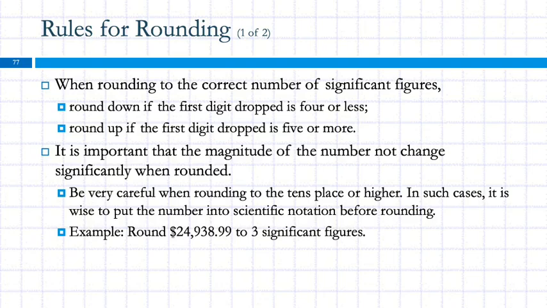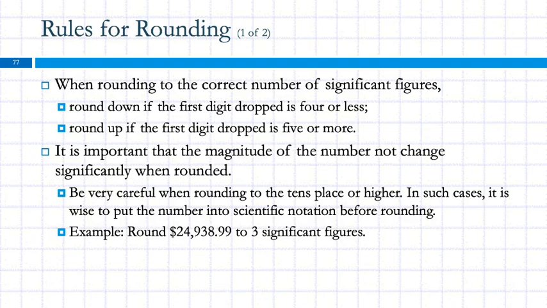And this tends to happen when you're rounding large numbers and you're rounding to a place that's in the tens, hundreds, thousands. So just as an example here, let's round $24,938.99 to 3 significant figures.